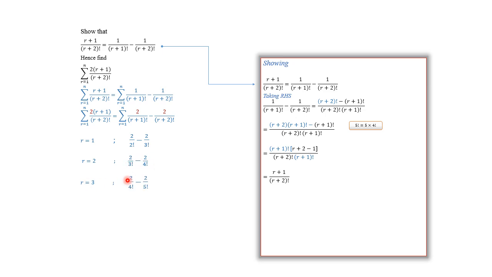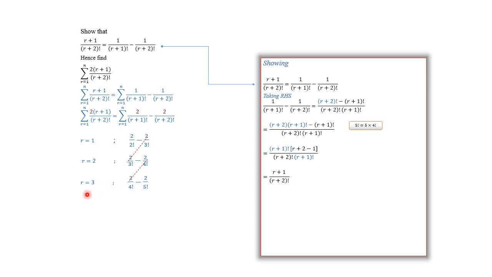When r equals 3, we have 2/4! minus 2/5!. Now you can see a pattern forming. Minus 2/3! plus 2/3! automatically gives 0. Then minus 2/4! plus 2/4! also gives 0. So the terms are cancelling like this.